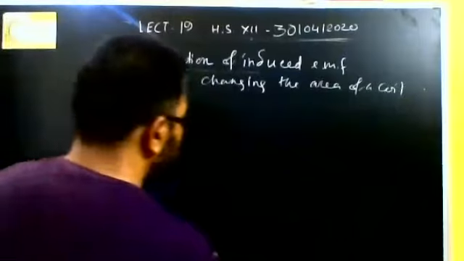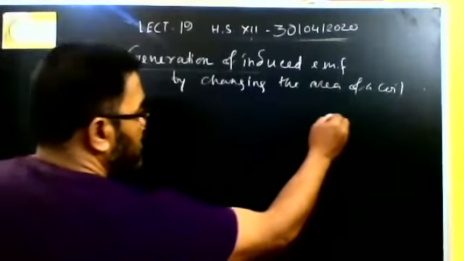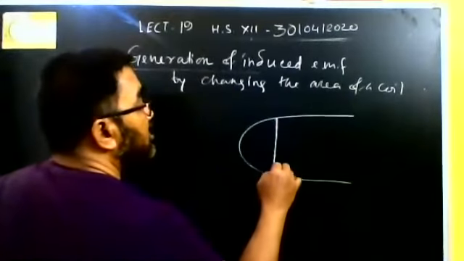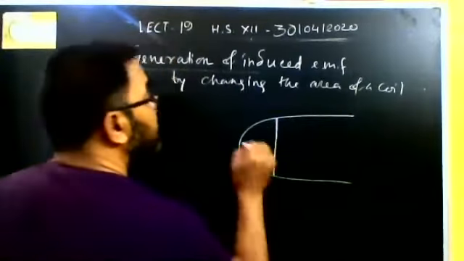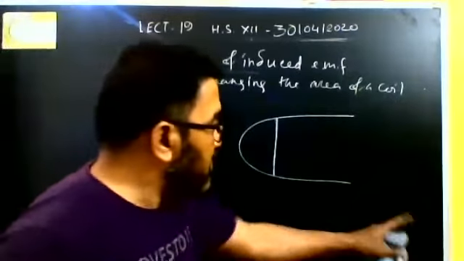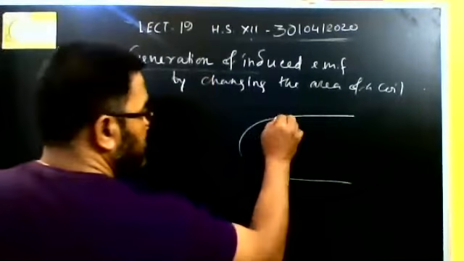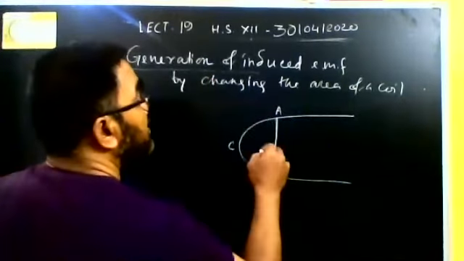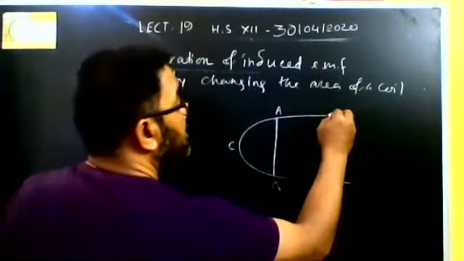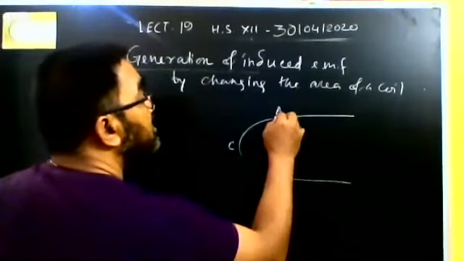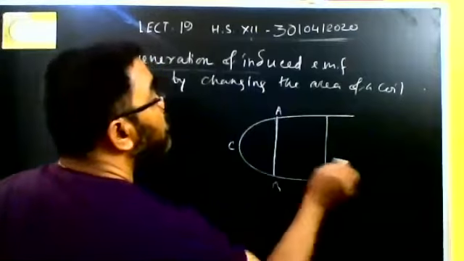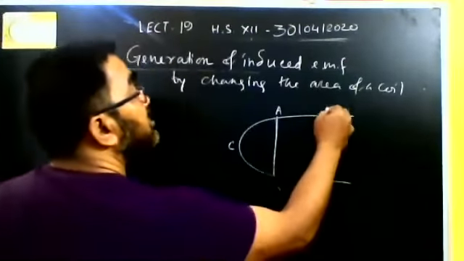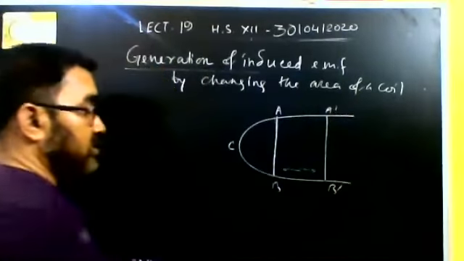Suppose this is the shape of a current carrying conductor, A C B, and this AB is the conductor which can be moved forward and backward, to A dash B dash.